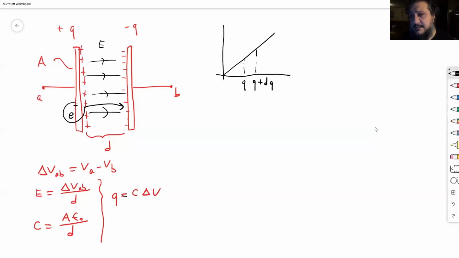So you're increasing the potential this way. Okay, so let's find the infinitesimal work you do to do that.